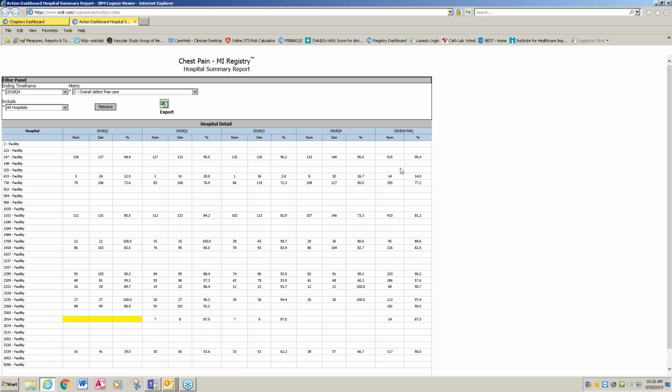It represents the percentage of patients that have 100% of those metrics included in their care. The important thing to understand is that if even one point of these 11 metrics is not checked for a patient, the patient is excluded from this metric.